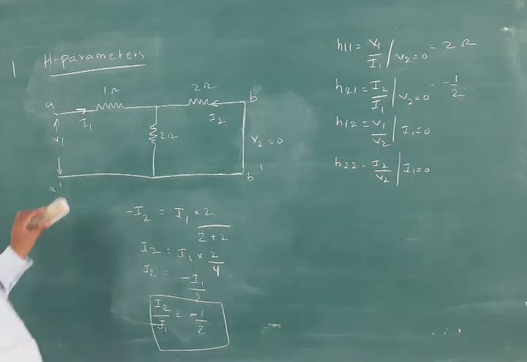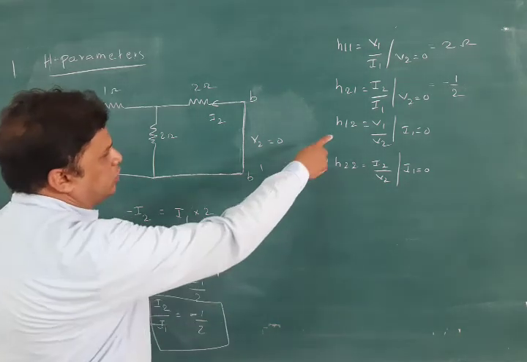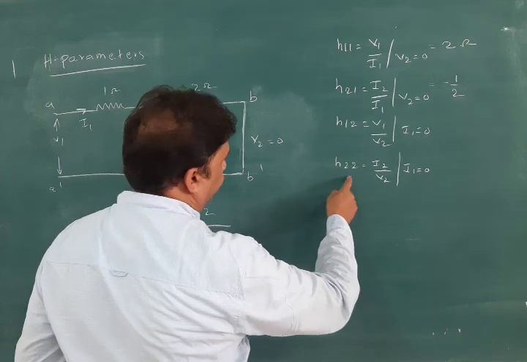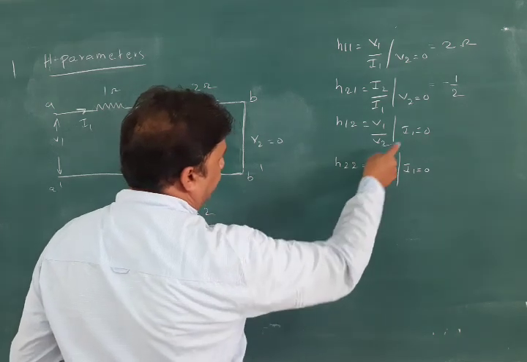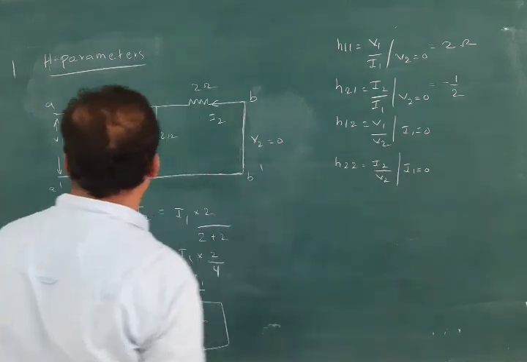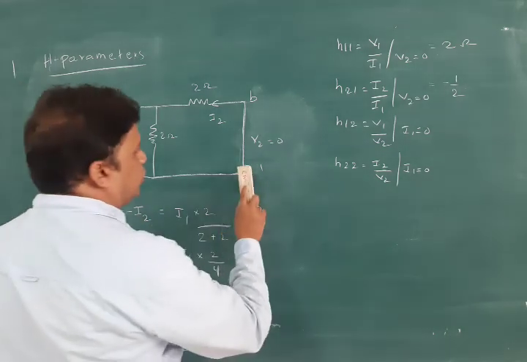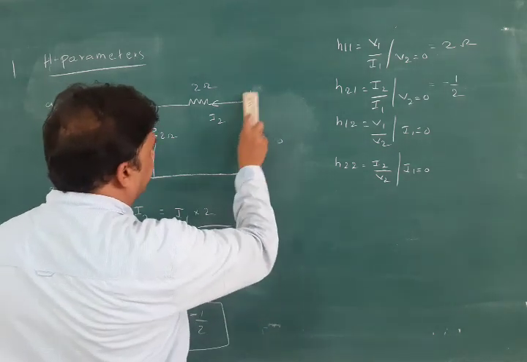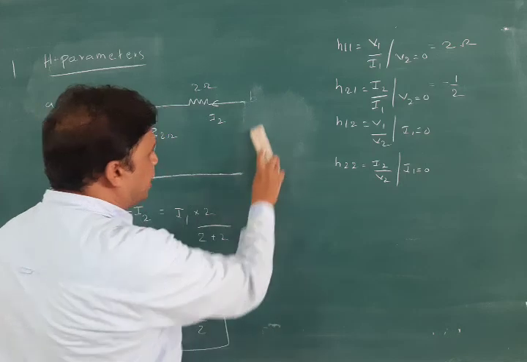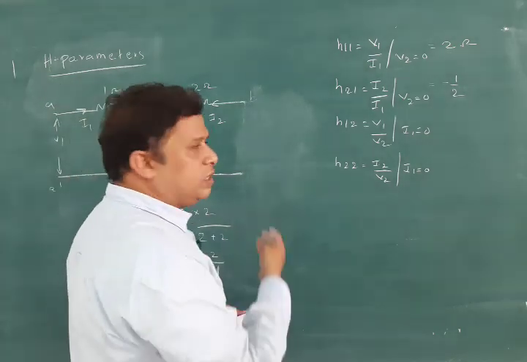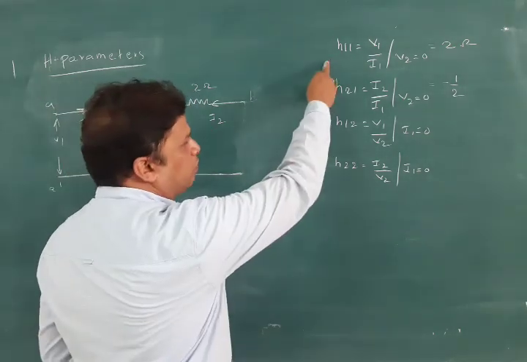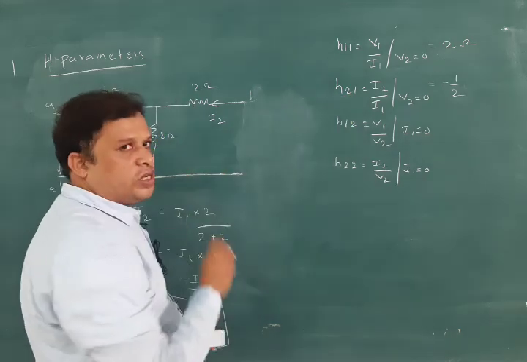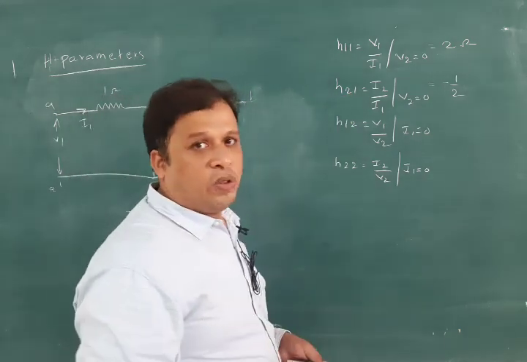Now for the values of H12 and H22 you have to find out, where I1 is equal to 0. If I1 is equal to 0, we do not short circuit this, we have to open it. In the previous problem, the first part where we found H11 and H21, BB dash was short circuited and changes were made to the circuit.